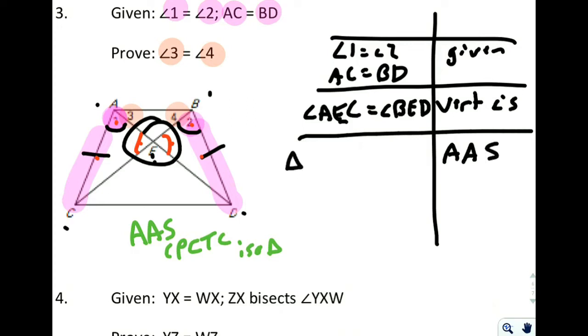So let's write out our congruency statement. We have the single marked angle here, angle 1, which would be A. We have our middle angle, E, and then we have our bottom angle unmarked, C. And let's make sure that matches up now.